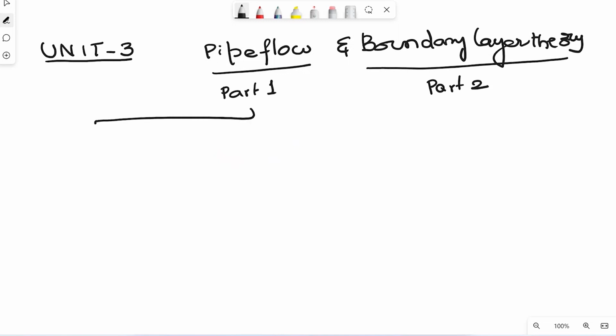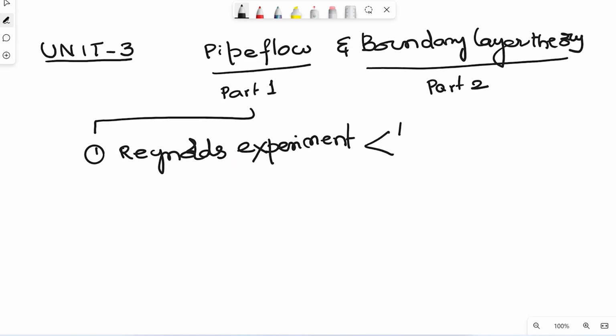In part 1, we have Reynolds experiment, and the purpose of this Reynolds experiment is to classify whether flow is laminar or turbulent.